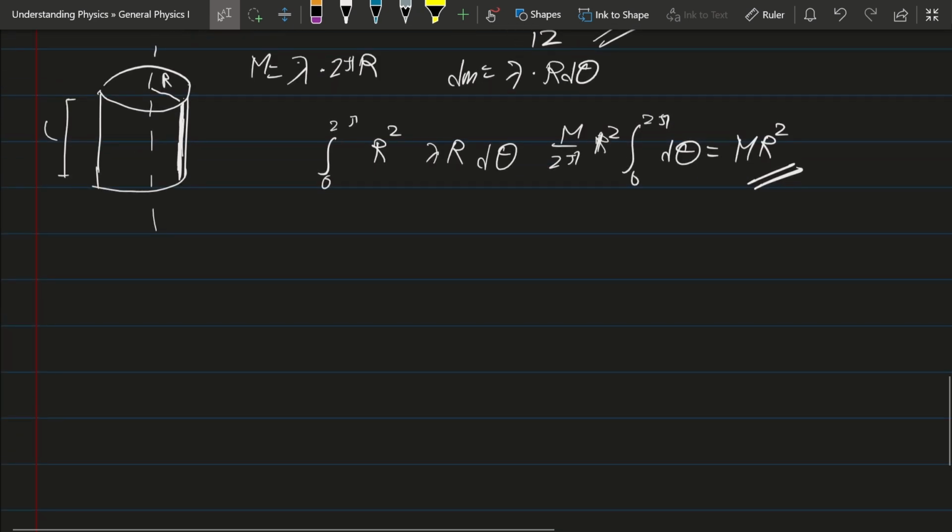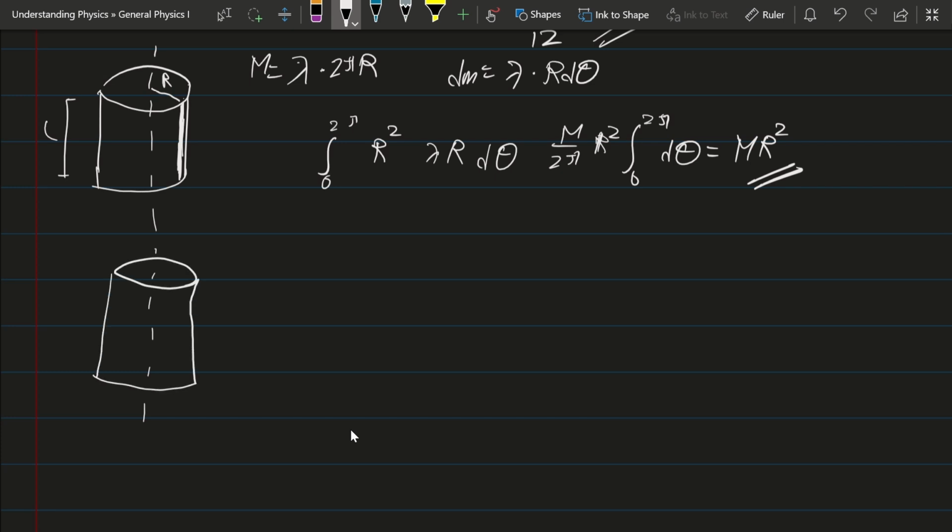And now we would do the same thing, but instead we will do this for a solid cylinder or a disk. So doing the same thing, the mass would be the volume density, but instead I will use surface density of the top side because it is symmetrical on the z-axis.